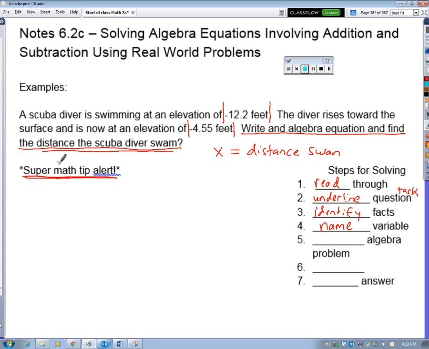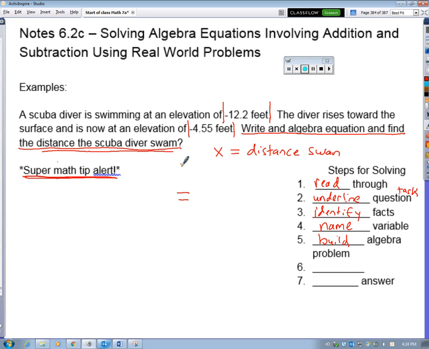Now step number five, we're going to build an algebra problem. When building an algebra problem, we're going to have an equal sign, and we're going to have something on this side of the equal sign, and then something on this other side of the equal sign. We're going to set up an algebra problem, and then we're going to solve it.